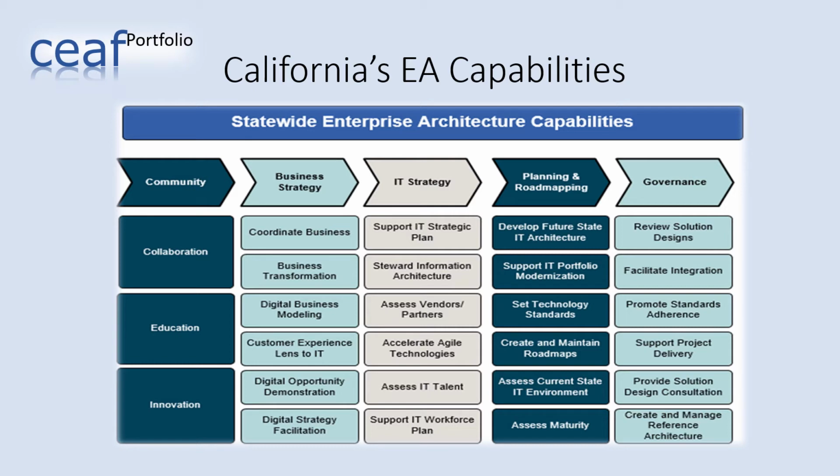California's capabilities are loosely modeled after Gartner's EA Capability 2015 publication, but modified to support current California government services.